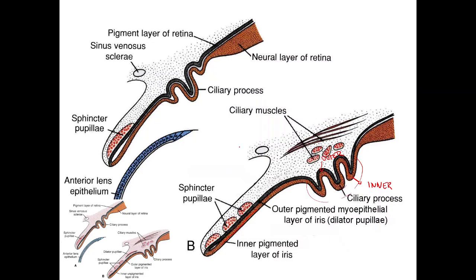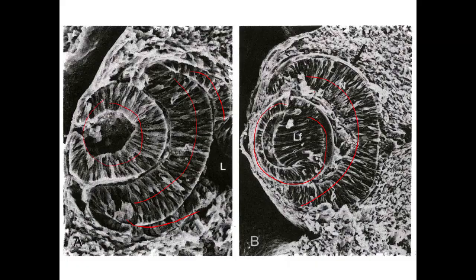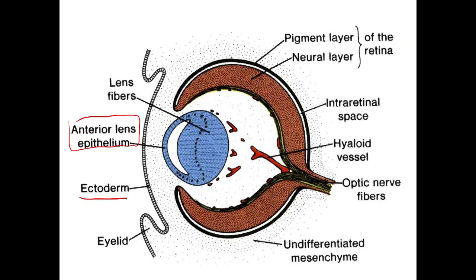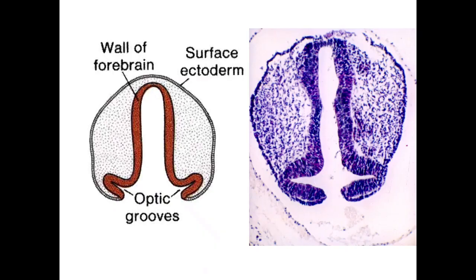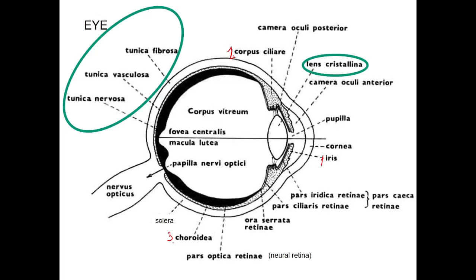We have the whole eye. I'm not going to draw it; I hopefully will find a nice picture in here. Yes, this is the center, and everything that is closer to the center is the inner layer.